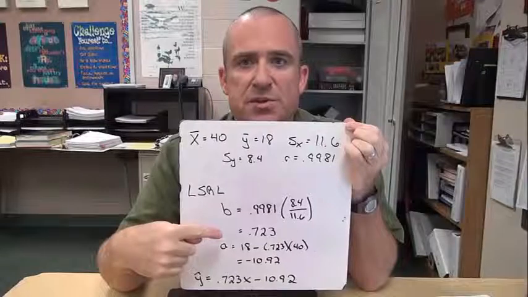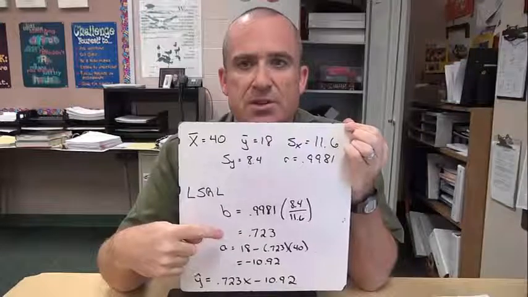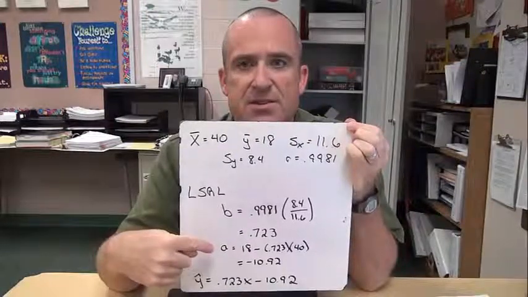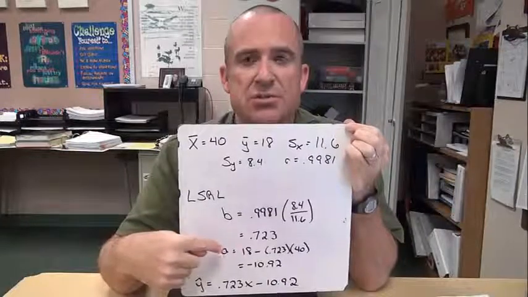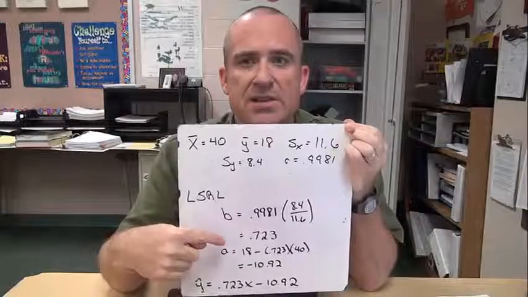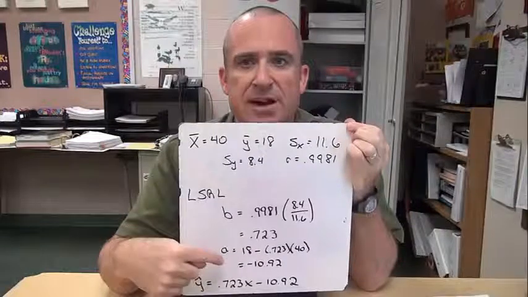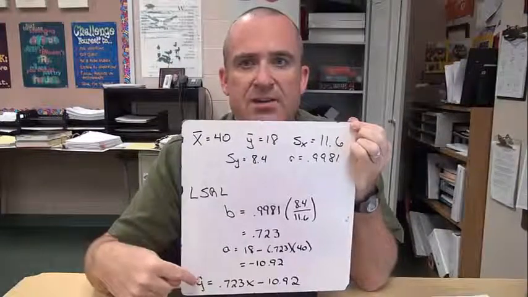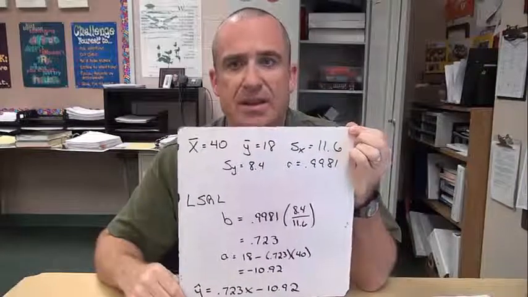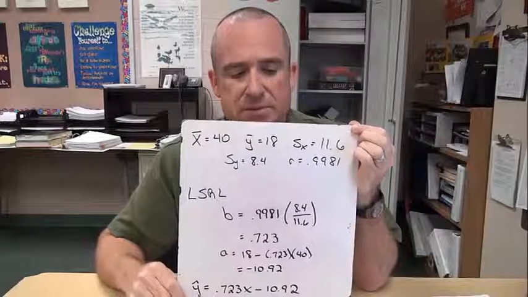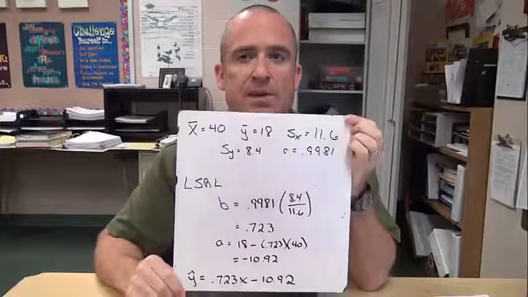Once you've figured out your b value, you can plug that down here to figure out your a value using the equations I just showed you on the previous page. Now that you know your b value and your a value, you can figure out your y hat, and based off of that you would be able to come up with a line of best fit for our data.